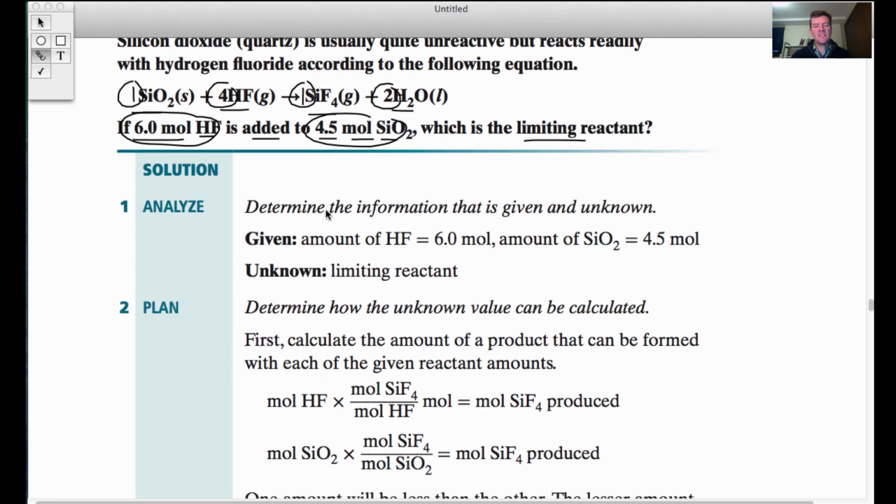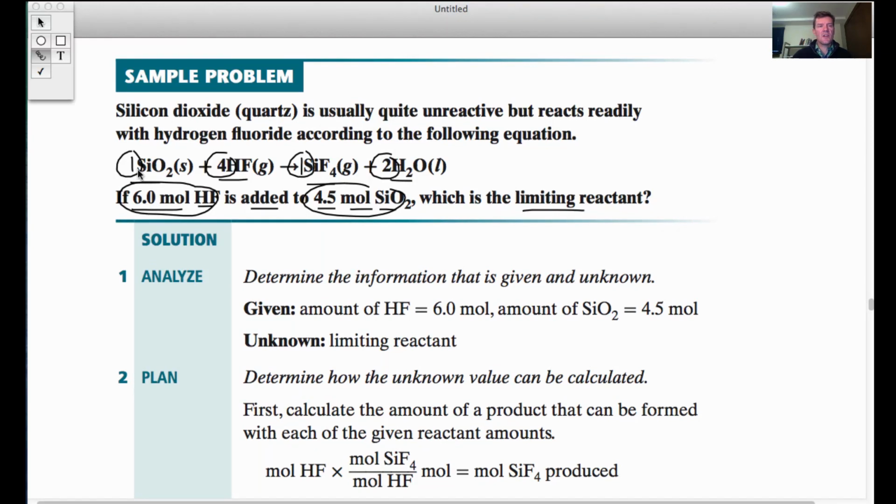If I consider my ratios here, 1 to 4, you'll notice HF and SiO2 react in a 1 to 4 ratio. I need 4 times as much HF as I do the silicon oxide, SiO2. 4 times as much. That's all you really have to look at. Well, do I have 4 times as much?